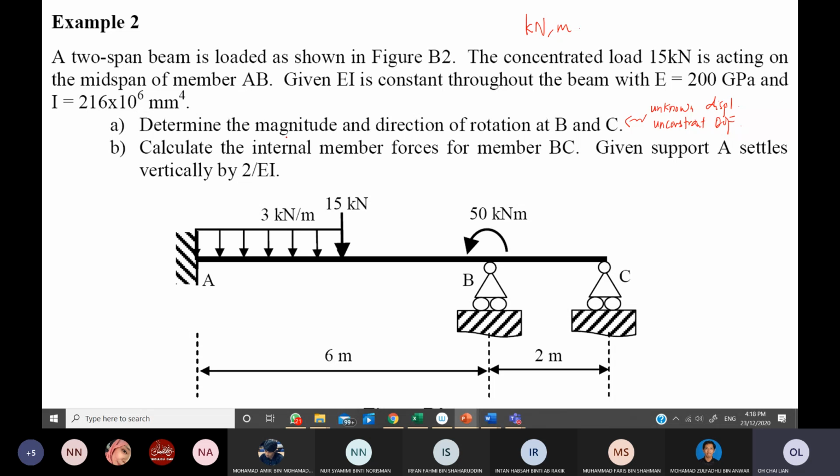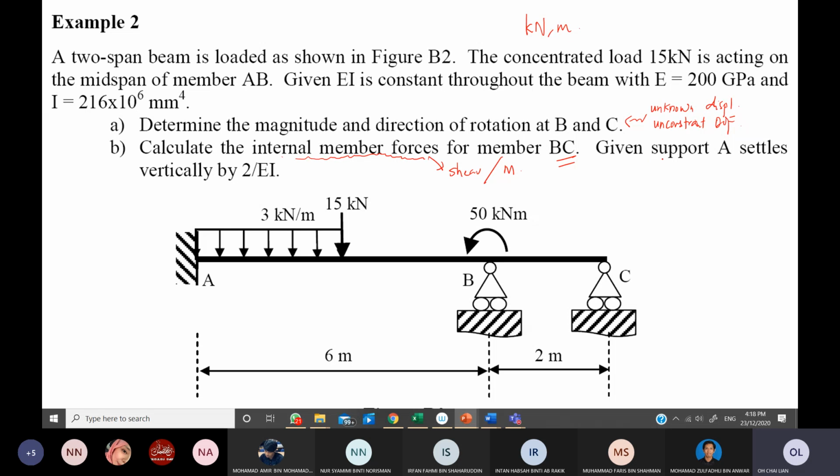Then we also need to solve for internal member forces. It is not the support reaction, but the internal member forces for member BC only. What does that mean? Internal member forces means shear force and bending moment. But it also makes the problem complicated.